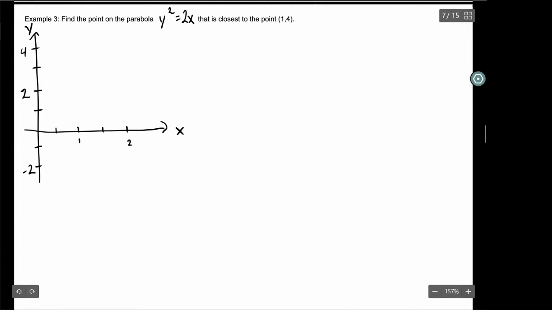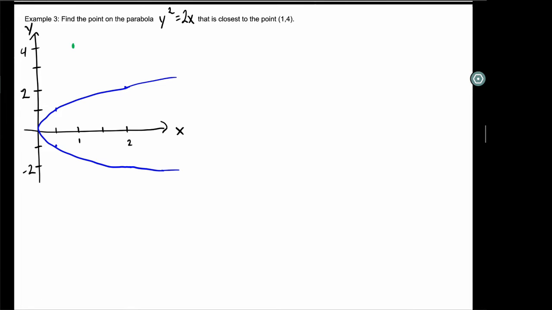This might not be perfectly to scale, but the idea is still there. So our parabola looks something like this. And then our point (1, 4) is up here somewhere.